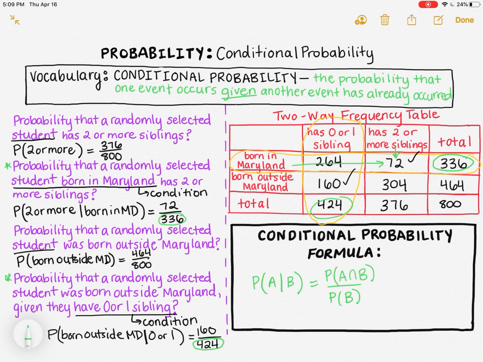Same for the second starred question. We focused on the students that had 0 or 1 sibling and were born outside Maryland. So we took the probability that we were looking for and combined it with the condition to get 160 in our numerator. So if you're looking for conditional probability, you can either use that circle and check method we did, or you can use this formula.